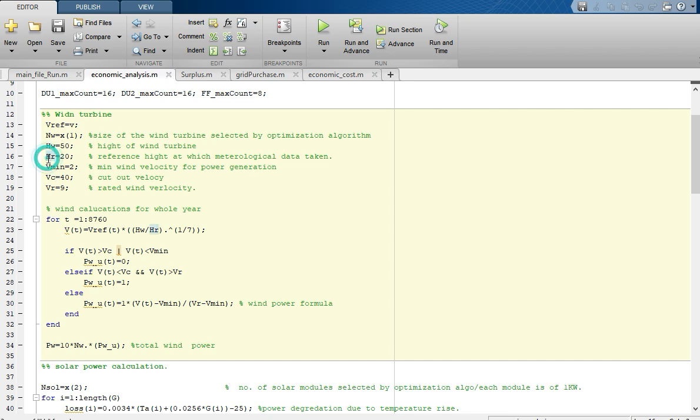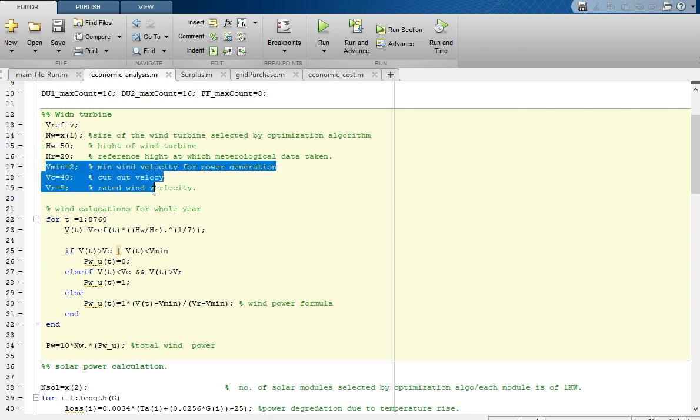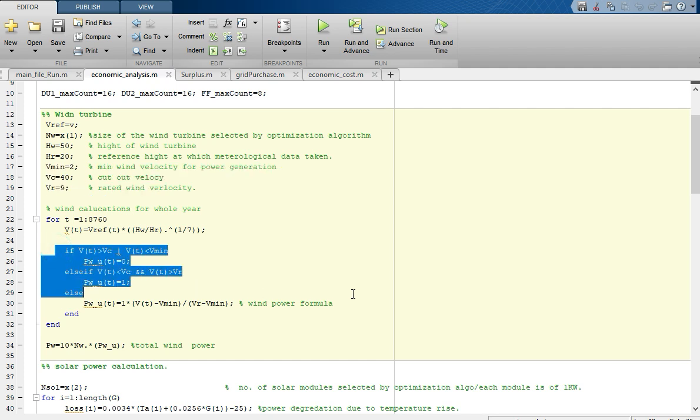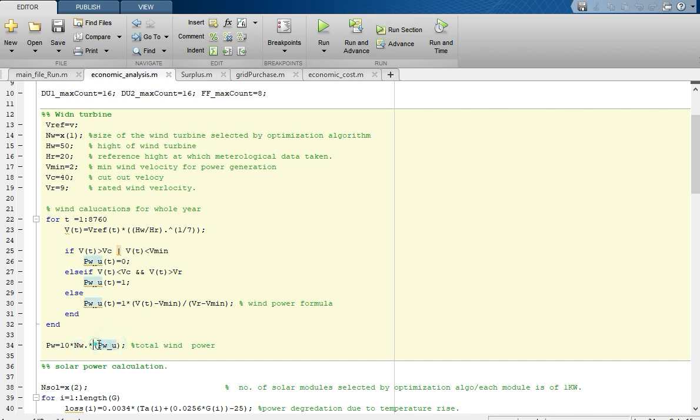As we are taking the velocity from a meteorological site, it is the height at which the sensor is installed to measure the velocity. Then the minimum, cutoff and rated velocities of this wind turbine, and this is just a formula you can find in the literature. I will also share a table of the modeling of this wind turbine, so you can easily see how this is implemented. Finally, for a 1 kilowatt wind turbine, what's the power? We multiply it by the number of wind turbines, and each wind turbine is 10 kilowatt.